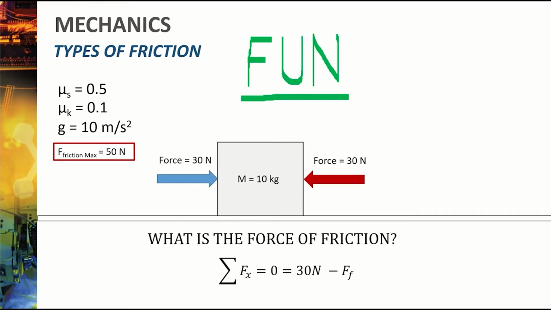So if friction can provide a maximum force of 50, it's only going to do that if it really needs to. So in this case, when we apply 30 newtons, friction only pushes back with 30 newtons. It goes out and uses its other 20 newtons to go and do TikTok videos, or Snapchat, or Facebook, or something else. I'm dating myself and probably sound super old and lame, so let's move on.